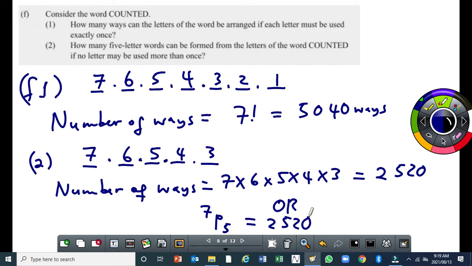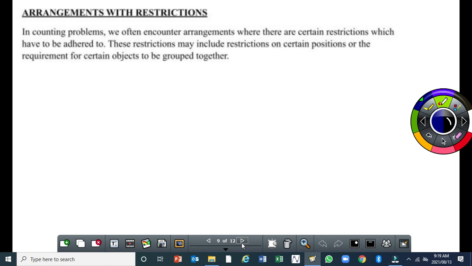Alright? Now, sometimes you can have restrictions. Sometimes you can arrange objects. Now, this is today's lesson. I'm starting from here now. When you are doing questions on the counting principle, there are times when you can have restrictions. Now, the restrictions are of 2 types.